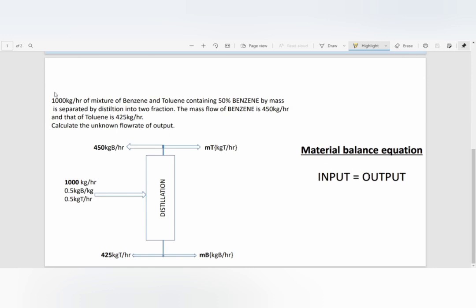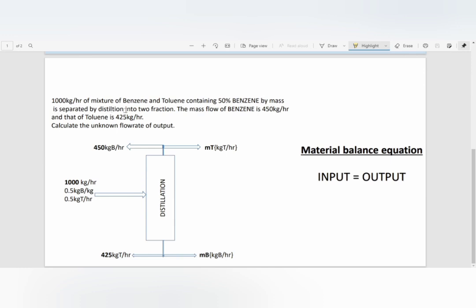Just start reading your problem now. 1000 kg per hour of a mixture of benzene and toluene. In the problem we will denote benzene as B and toluene as T. The mixture contains 50% benzene by mass fraction and is separated into two fractions.